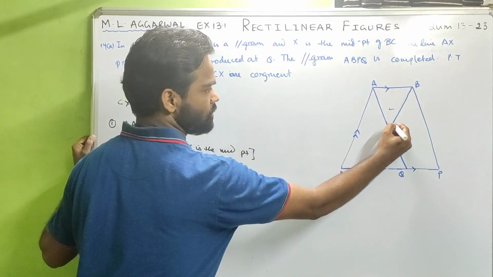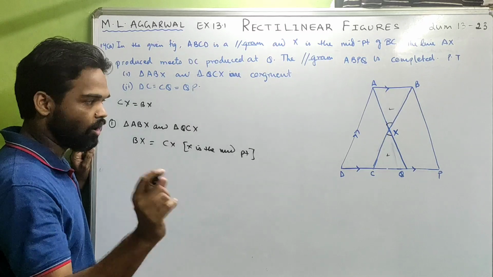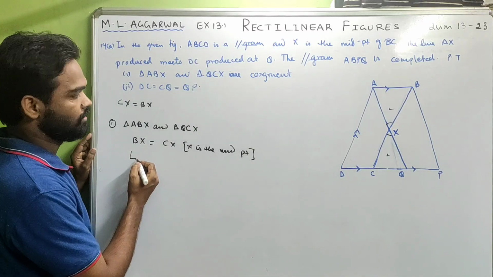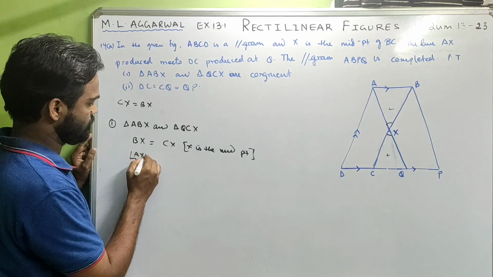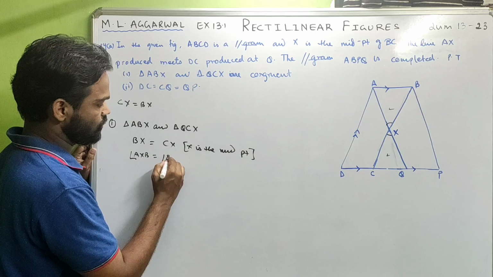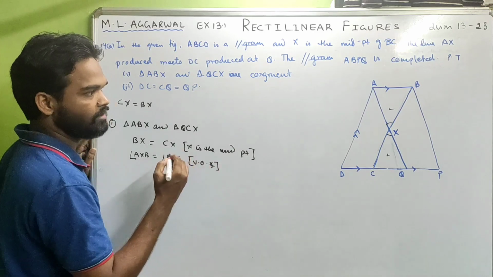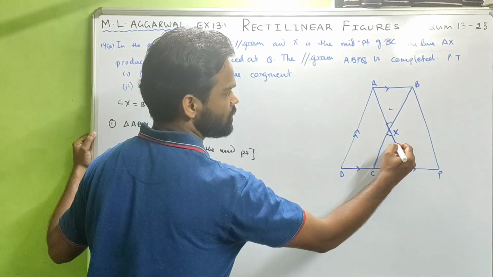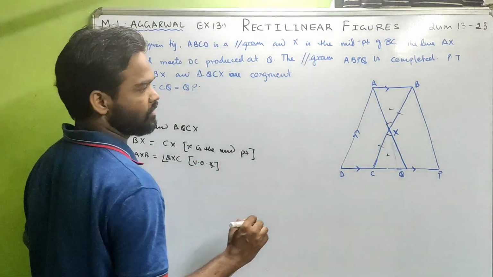Then this angle and this angle are equal, vertically opposite angle, angle AXB is equal to angle QXC. Why? Vertically opposite angle. Done. So this is equal to this.